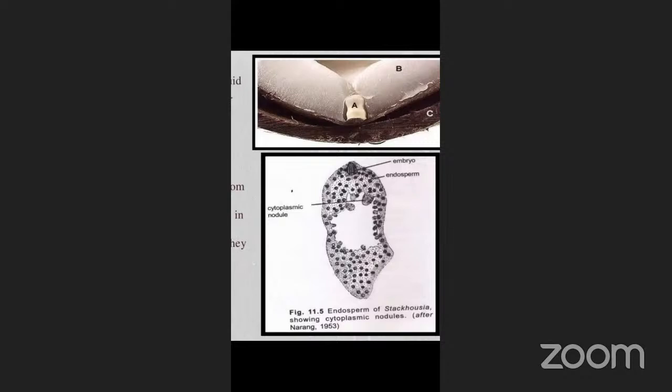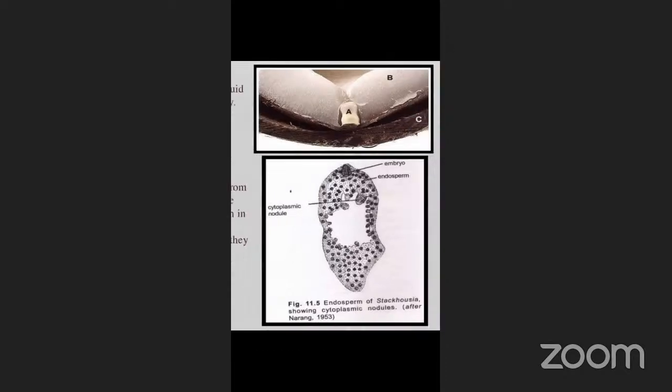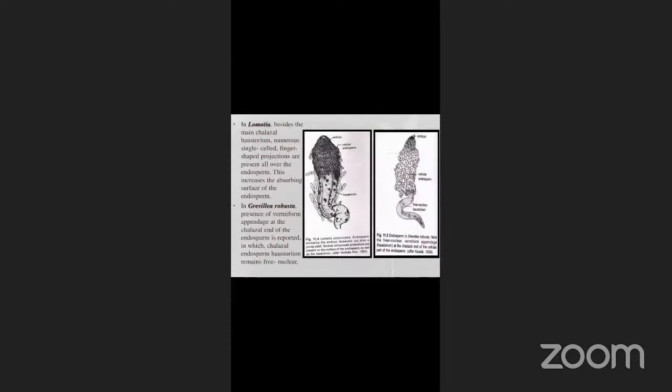Gradually, the cytoplasm is filled with nodules, nucleus, and sheath, forming nuclear endosperm. Cellular is already over, the absence of the free nuclear stage.